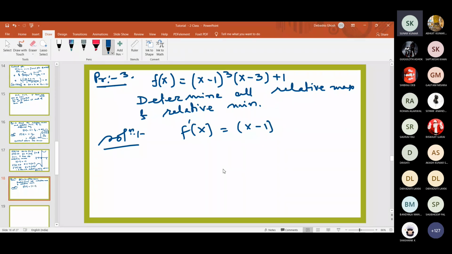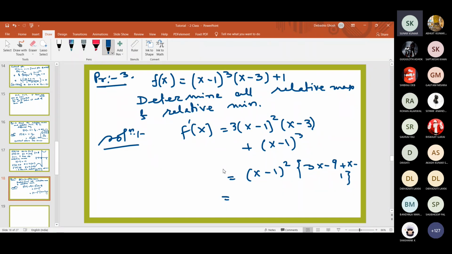F dash x, that is 3 into x minus 1 square, x minus 3, plus that x minus 3 is 1, that is x minus 1 cube, plus 1 is 0. You can simplify by taking x minus 1 square common, that gives you 3x minus 9, that is plus x minus 1.